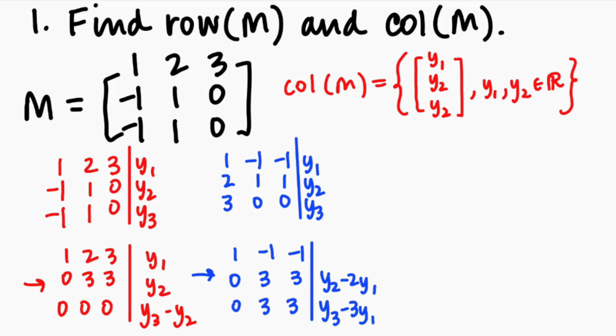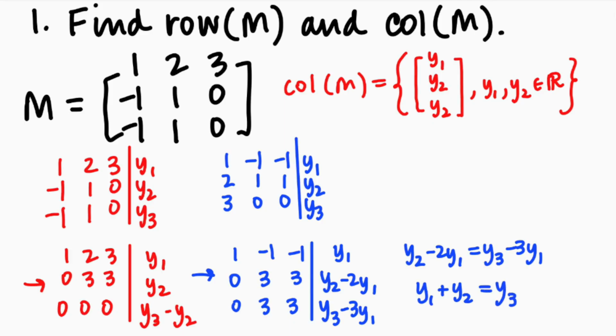So I can see that those two things need to be equal, right? It's the same row, so the things on the right-hand side of the vertical bar would need to be equal also. So I'm going to have y2 minus 2 of y1 equaling y3 minus 3 of y1. I should definitely put all the y1s on the same side. So if I had negative 2y1 and I added 3 back, that would be positive 1y1 plus y2 equals y3.